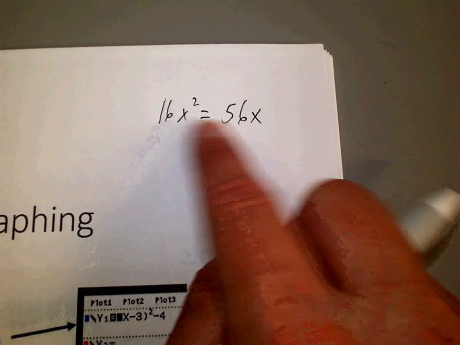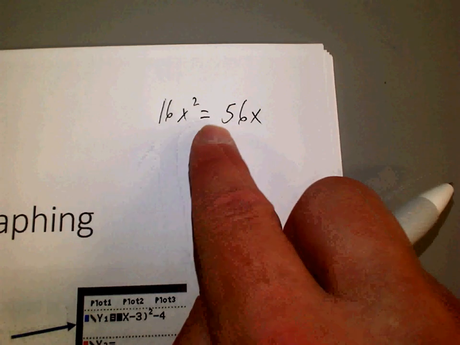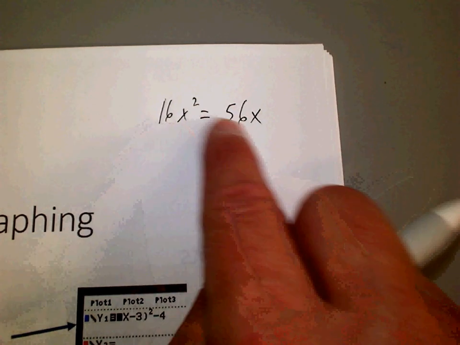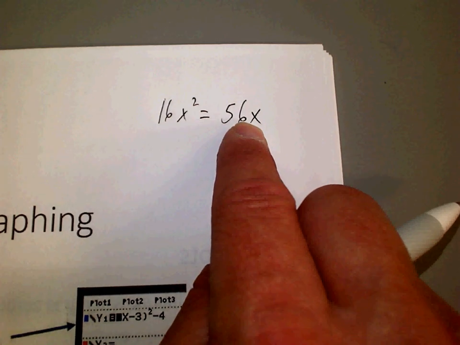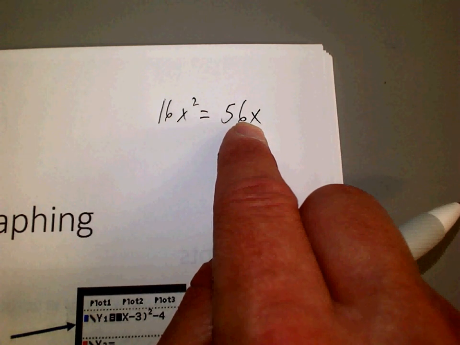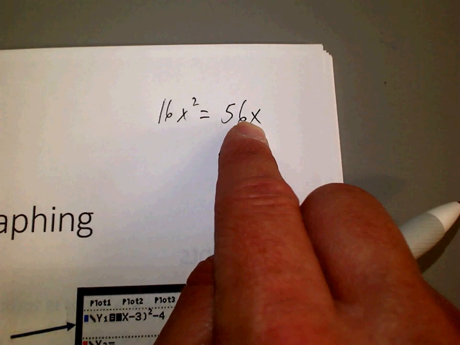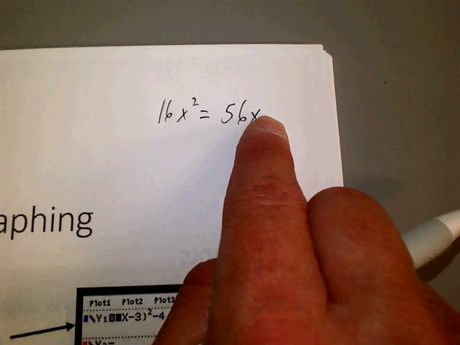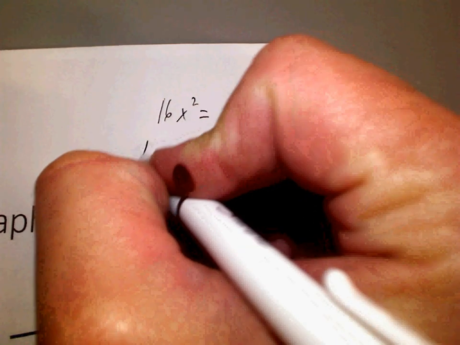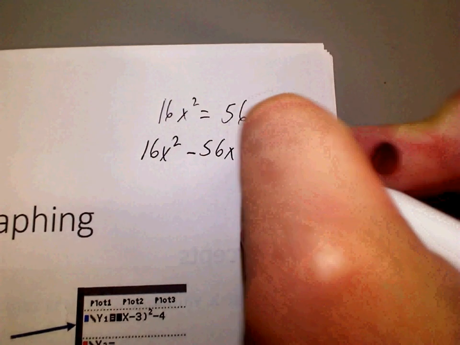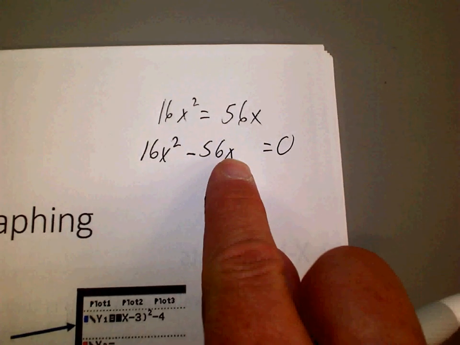In order to find the zeros, the solutions, you have to get everything on one side and set this quadratic equation equal to 0. I can go either way. Let's just move the 56x this way. So 16x squared minus 56x equals 0.